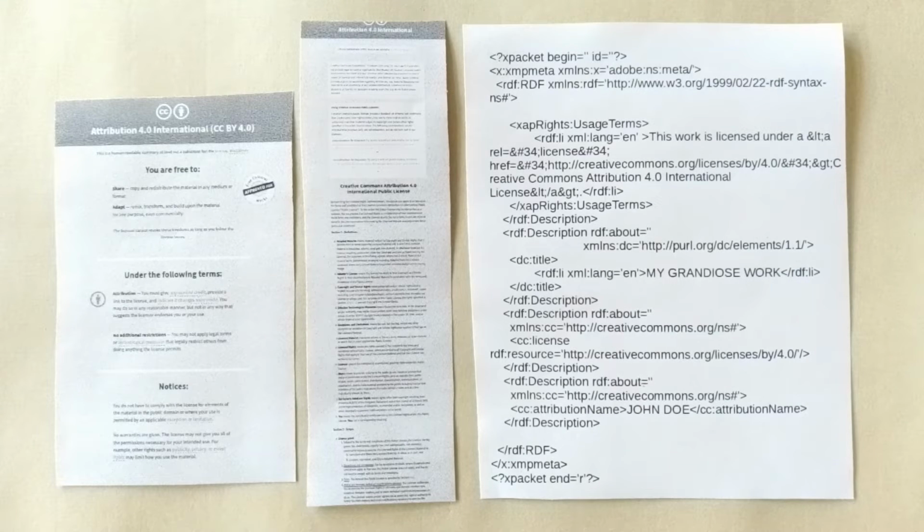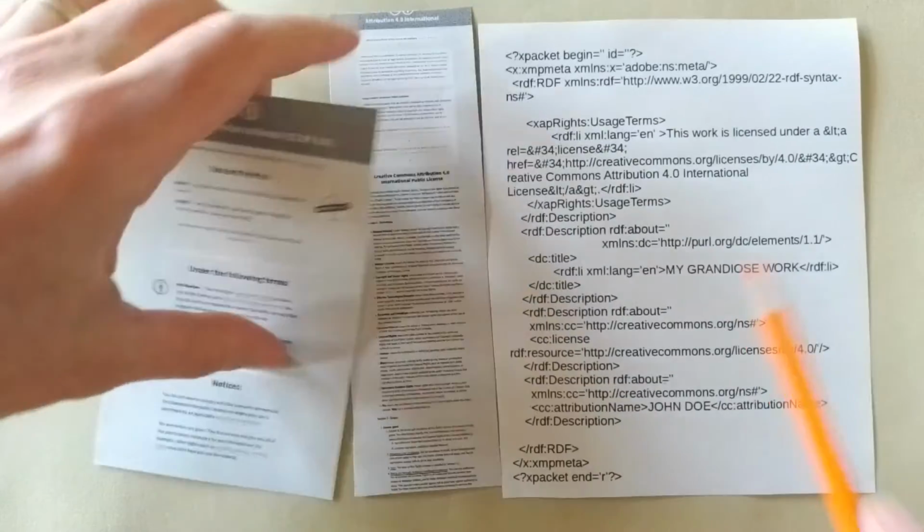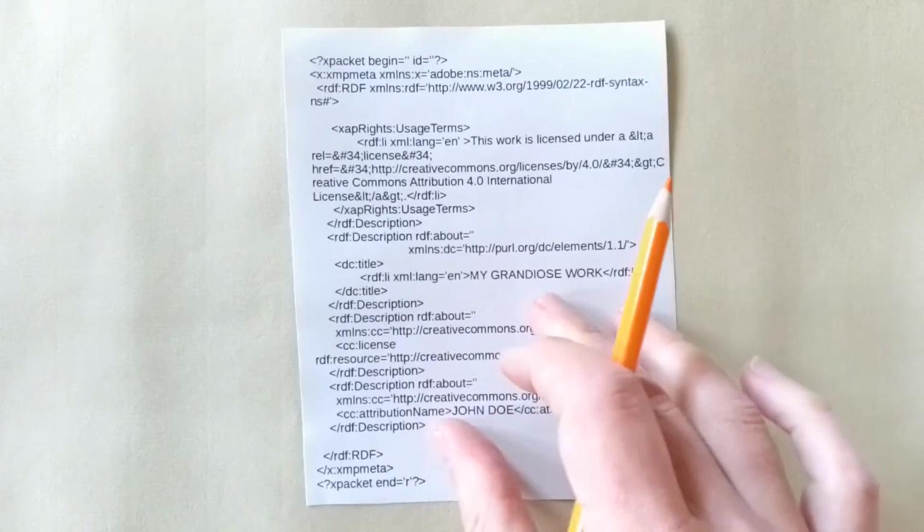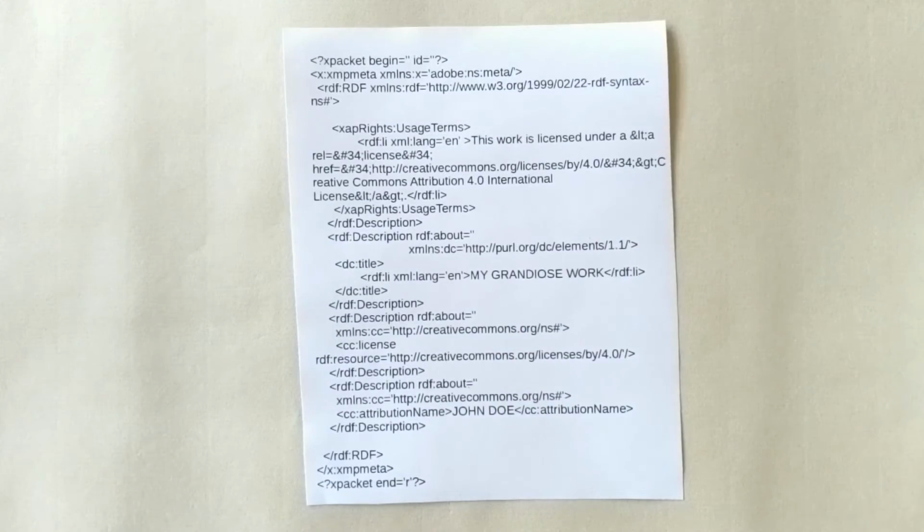But what you should know is that there is a way to embed this machine readable information into a document. For example, what you see here could be embedded in a PDF document, and this would tell a machine, or let's say a search engine, what license applies to this PDF document.